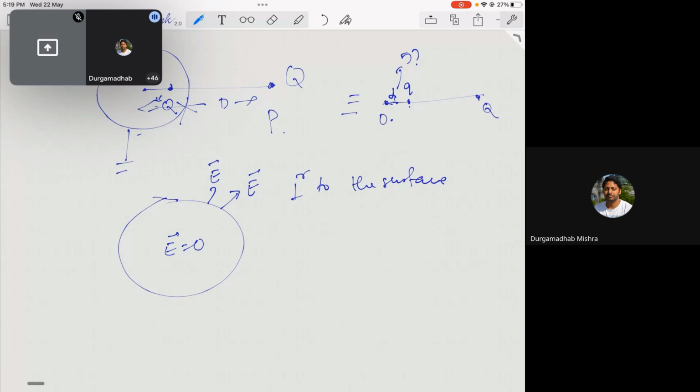This is the nature of a conductor: lots of free charges, basically free electrons, which are responsible for the high conductivity of the material. So they rearrange and make sure that the electric field does not penetrate into the conductor.